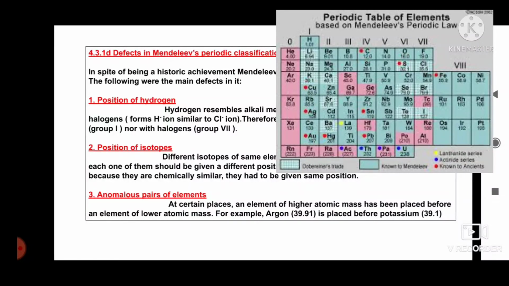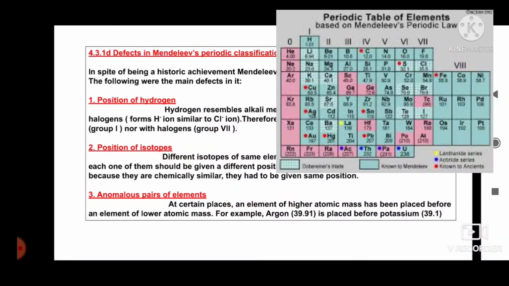Hydrogen resembles alkali metals because it forms a monovalent ion, that is H plus ion, just like sodium and lithium ions. As well as that, it also has the ability to form a negative ion, H minus ion, like Cl minus. Therefore, it could neither be placed with the alkali metals, group 1, nor with the halogens, group 7.